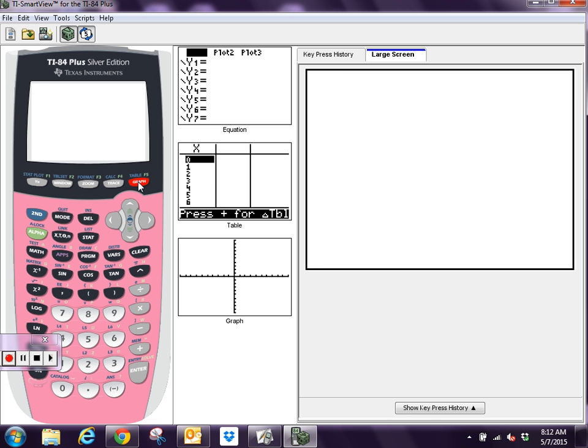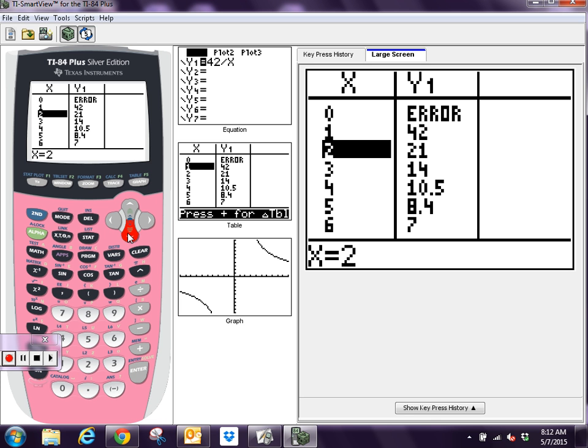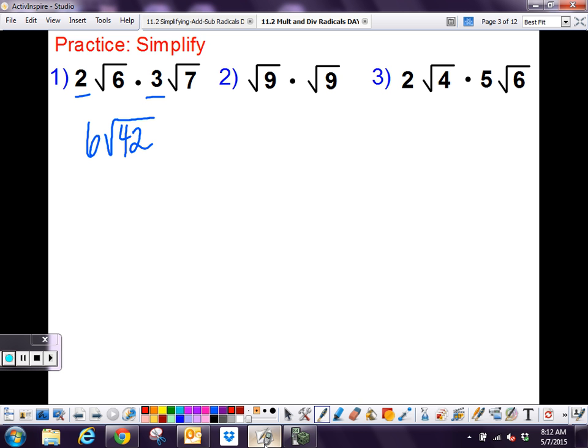So go to second graph, and you can see everything that multiplies together to get to 42. 1 and 42, 2 and 21, 3 and 14, 4 and 10.5. We don't want the 10.5 because it's a decimal, so it's not going to work. And then we get back down to 6 and 7, and then 7 and 6, so we don't have to keep scrolling. Okay, so here, that's going to be simplified because there's no perfect squares.